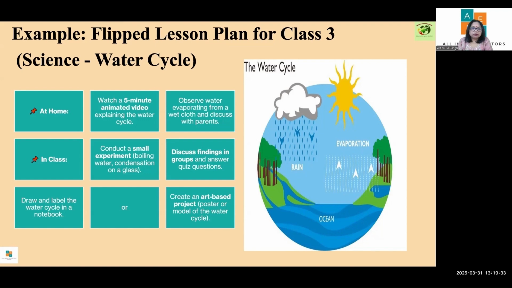Further, teacher facilitators can ask the students to draw a diagram in the notebook or create an art-based poster, a big poster which can be put up on the notice board in the classroom.